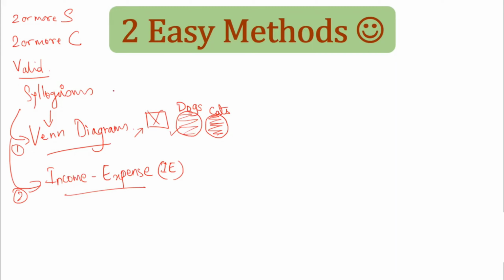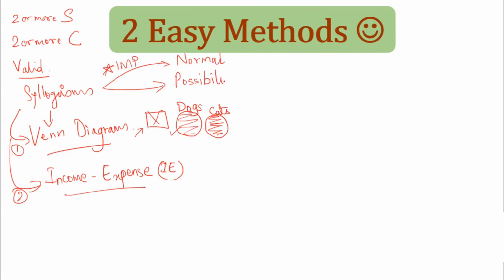Now syllogisms have two kinds of sums, two types of questions. Please pay attention over here, this is extremely important. From this moment, whatever I am telling you is extremely important and is going to help you a lot in the exam. Syllogisms has two types of sums. One is normal sums and the other is possibility sums.